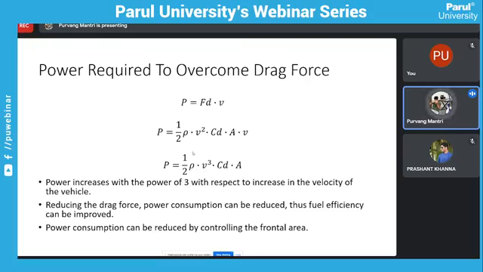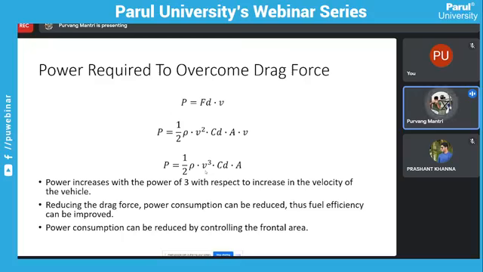So certainly, as the velocity of the vehicle increases, the required power will increase with the power of 3. So let's assume we double the velocity of the vehicle, which means 2 times the velocity. The power required to overcome the drag force at that velocity is going to be 8 times more.